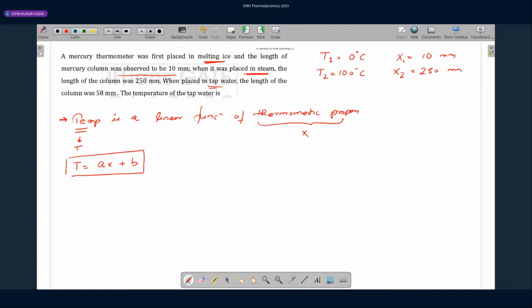Now when it is placed in water, T3 I don't know, the water temperature I don't know, but X3 is given to be 58 millimeter. So they are asking to calculate T3. So I can say T3 is equal to aX plus b, just one second.